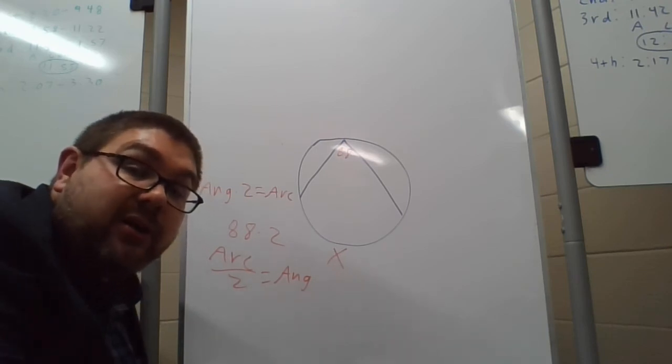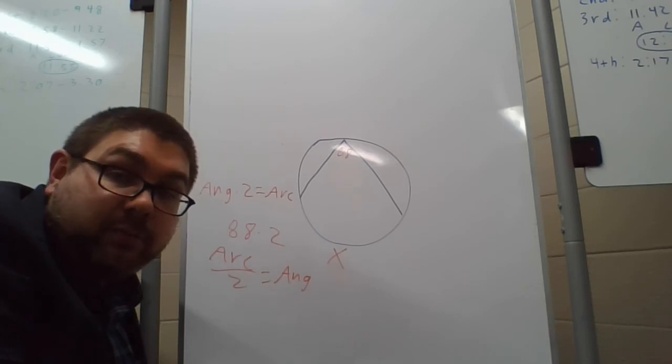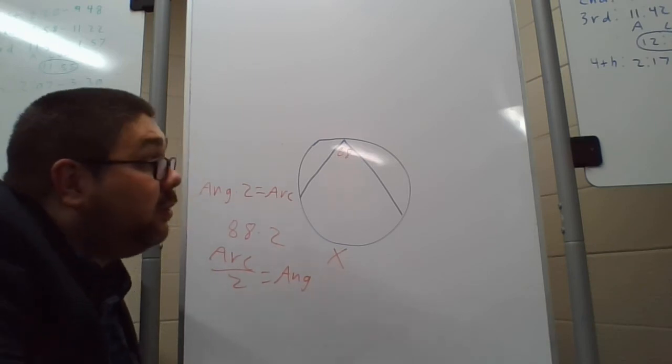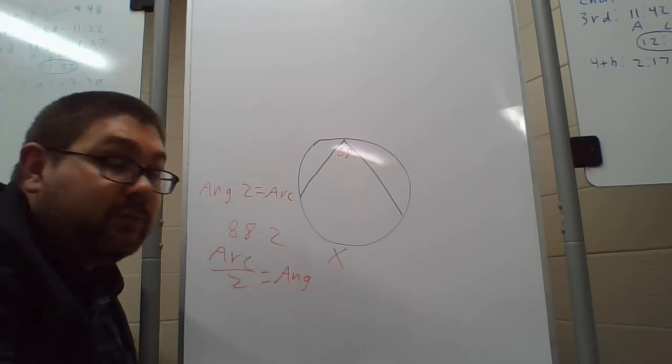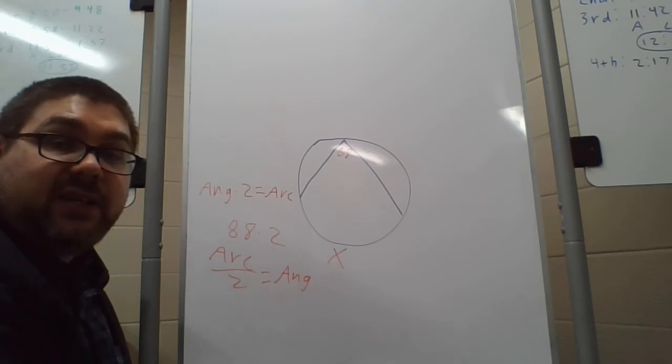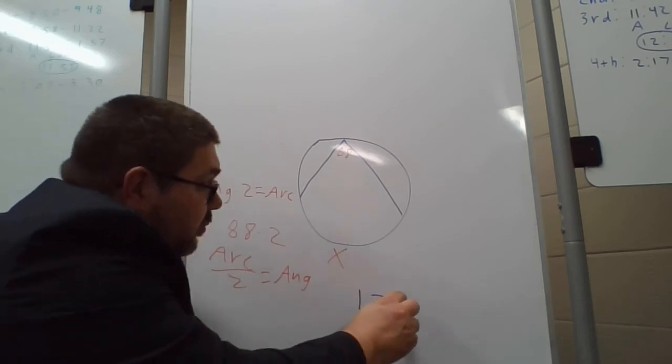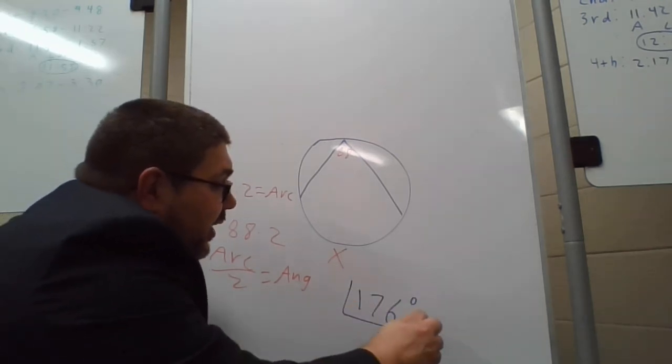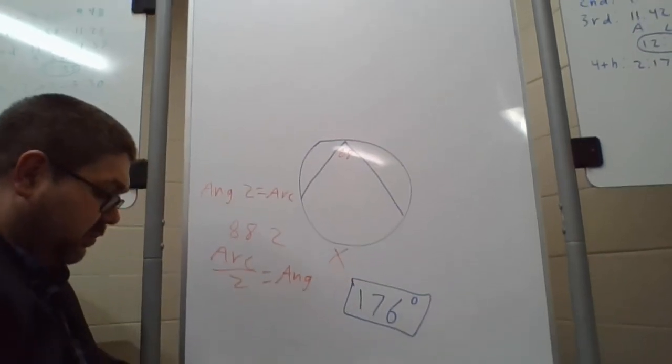If you have the arc, you divide by 2. Okay? So, pretty simple on this one. What's 88 times 2? It is 176. And that's your answer. 88 times 2, 176.